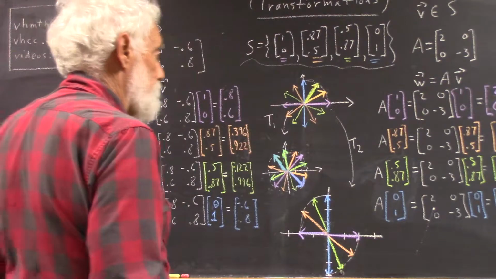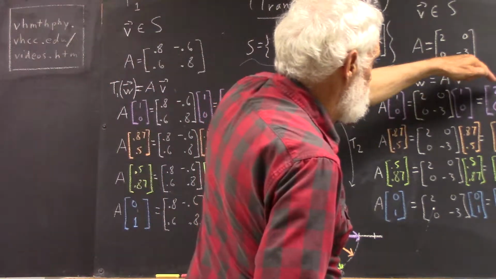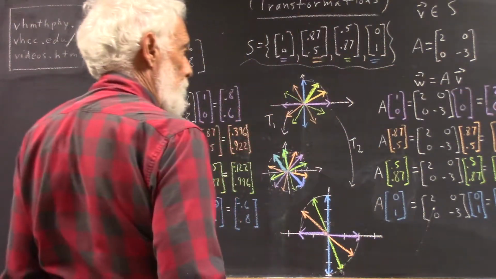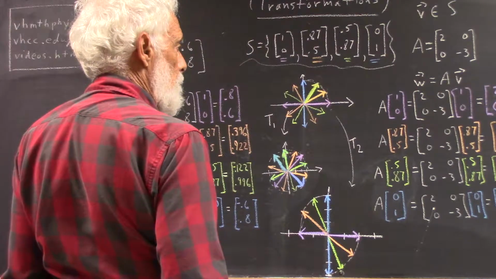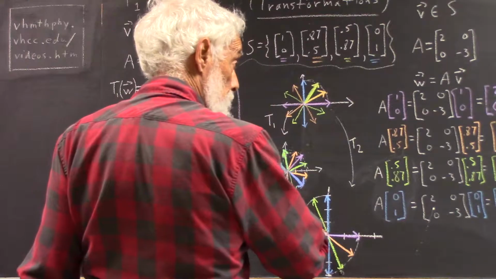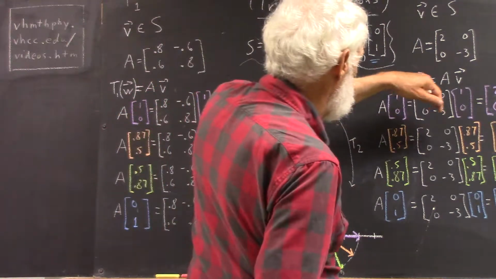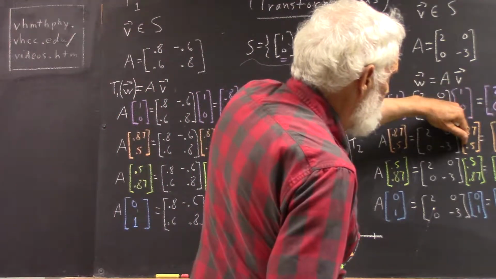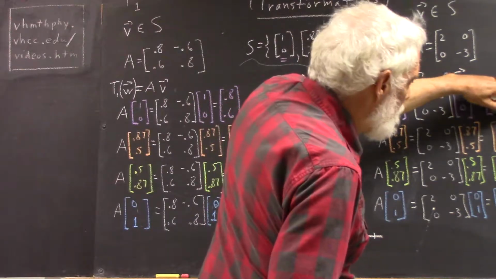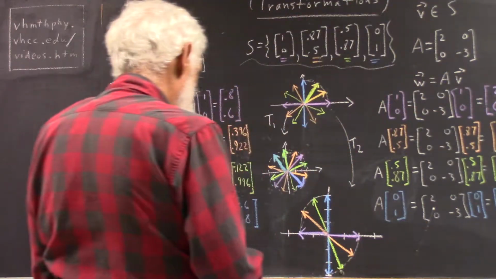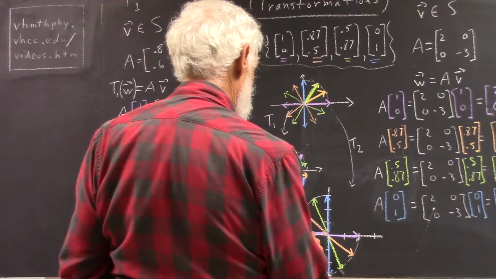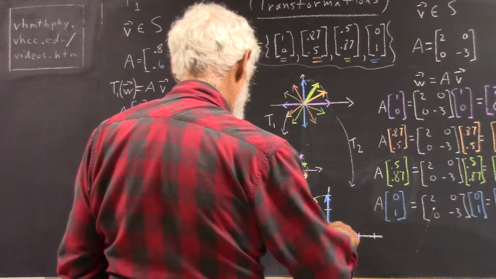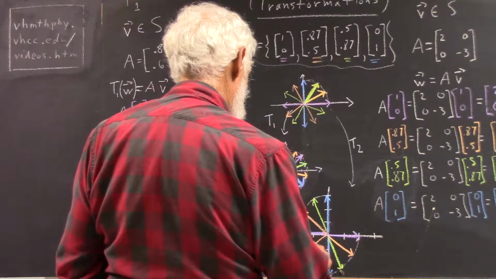So that 2, 0 would again map to -2, 0. -0.87, 0.5 would map to -1.74, -1.5, and that would be about here.